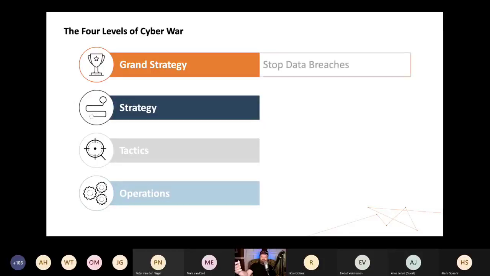So we have to define a grand strategy, and the grand strategy, in my opinion, is to stop data breaches. Data fuels modern economies. If you don't have data, you don't have an economy. But it's this word breach that causes problems in the world of cybersecurity, because we tend to think of breaches as, oh no, somebody got into our network and they're looking around, we've been breached.